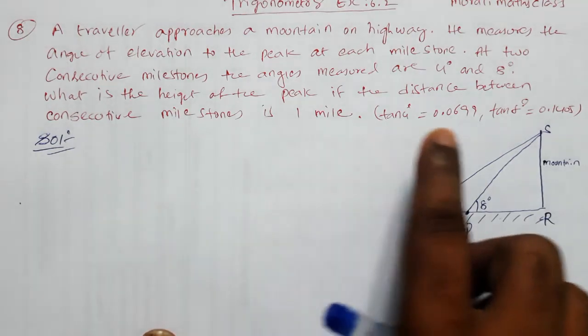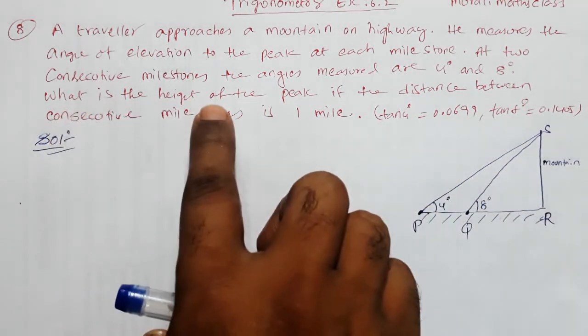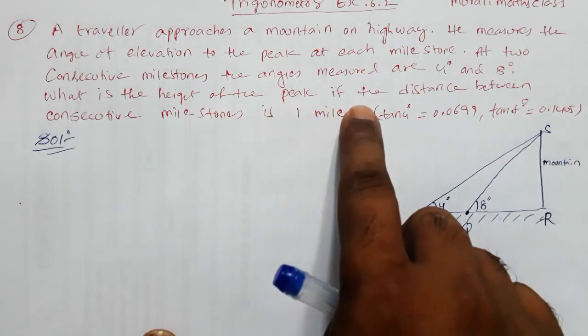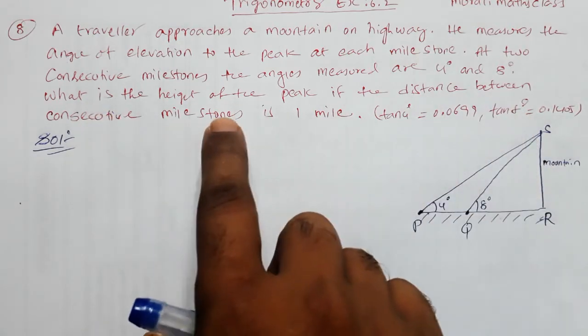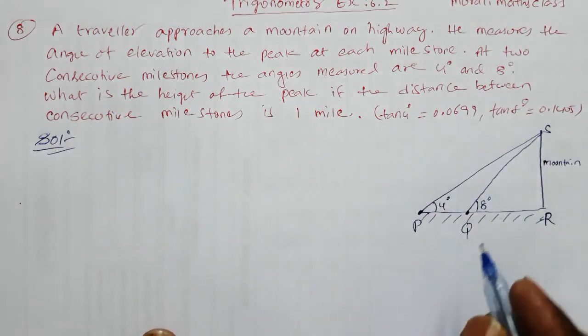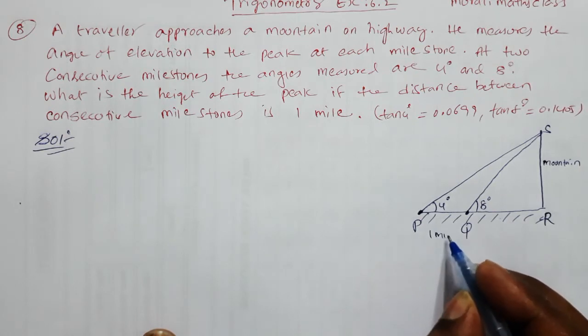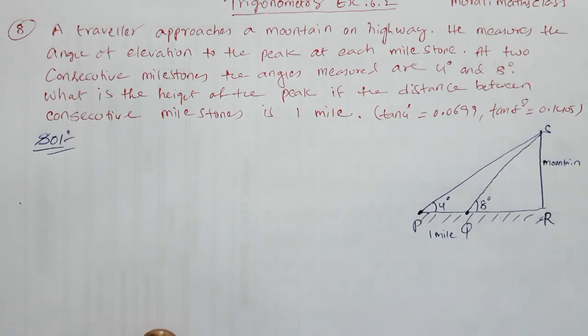What do we have to find? The height of the peak, that is SR, if the distance between the two consecutive milestones is 1 mile. So between P and Q we have 1 mile distance.